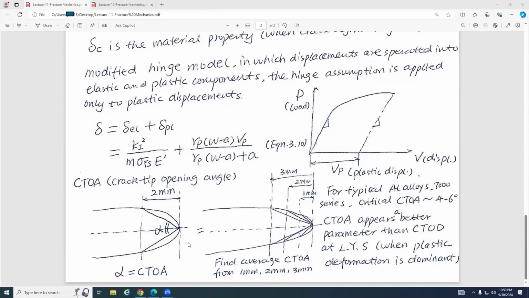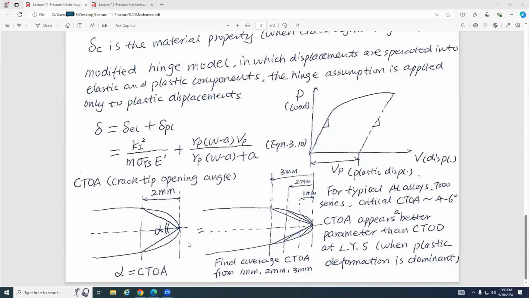Right? So here are some observations. For typical aluminum alloys, 7000 series, the critical CTOA means 4 to 6 degrees. Critical CTOA means that if this CTOA reaches this value, the crack will grow. Right?